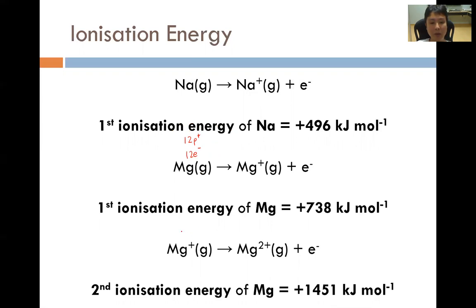Whereas for the Mg+ cation, because it has already lost an electron, the number of protons still remains as 12 because there is no change in the number of protons when it became a positive cation, whereas the number of electrons is now 11. In this case, 12 electrons are attracted to 12 protons of the magnesium atom, while in this case, 11 electrons are attracted to 12 protons of the Mg+ cation.